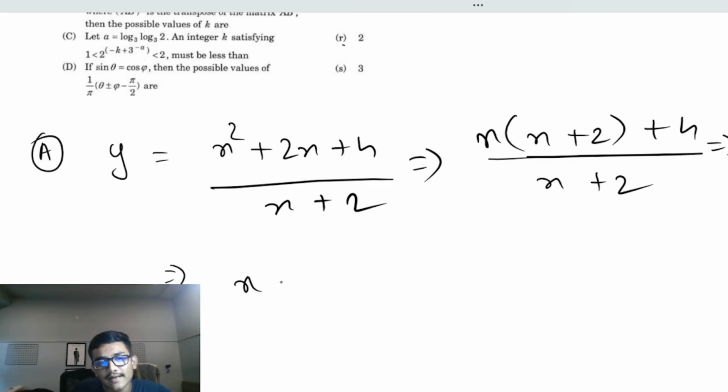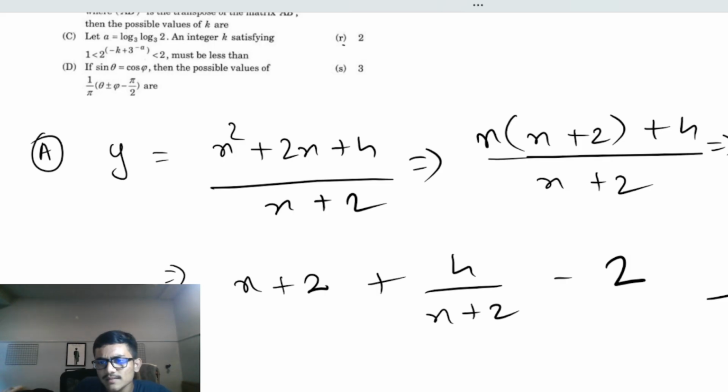See, I can write it as x plus 2 plus 4 upon x plus 2, minus 2. So this will be the same as this term. And now I can apply AM-GM inequality only on this term. So let us assume that this term is t.